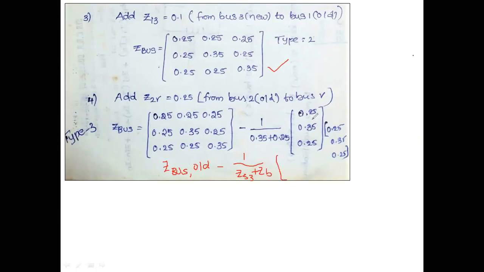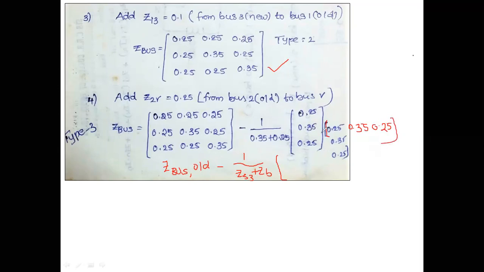So this is row wise, this is column and this is row. So row wise 0.25, 0.35, now 0.25. So this is 3 by 1 and this is 1 by 3.